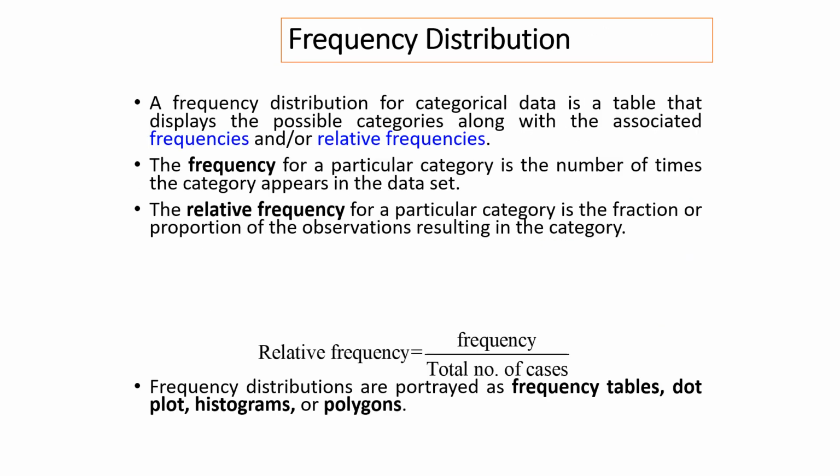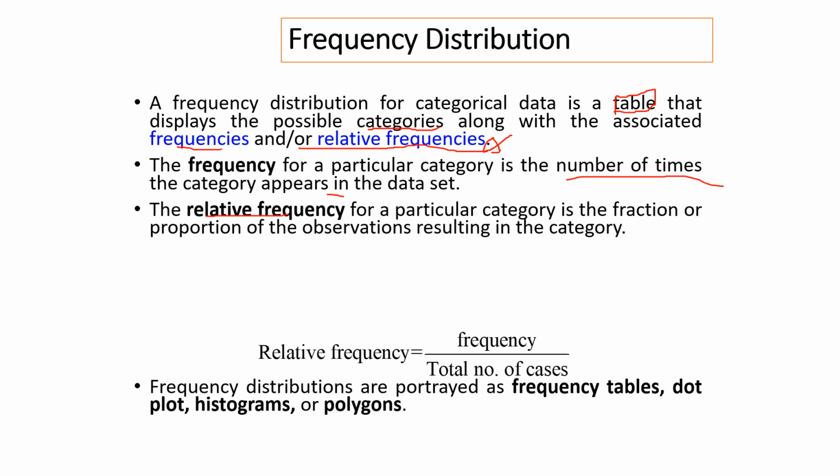A frequency distribution for categorical data represents data in a table that presents the possible categories along with the associated frequency or relative frequency. The frequency for a particular category is the number of times the category appears in the data set.